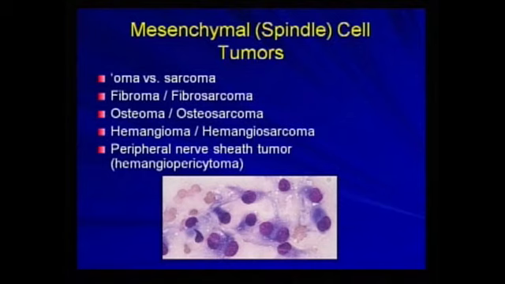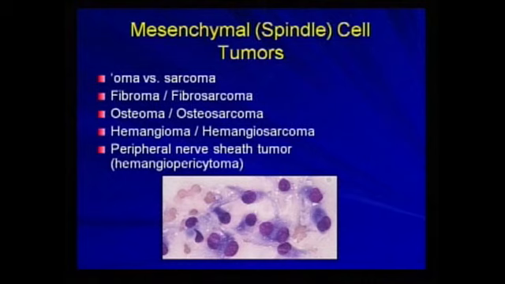When we look at mesenchymal cells or spindle cell tumors, I want to briefly mention that the differentiation between benign and malignant spindle cell tumors is often very difficult to make. Okay, things that you may be called on would be fibromas and fibrosarcomas, osteomas or osteosarcomas, hemangiomas or hemangiosarcomas.